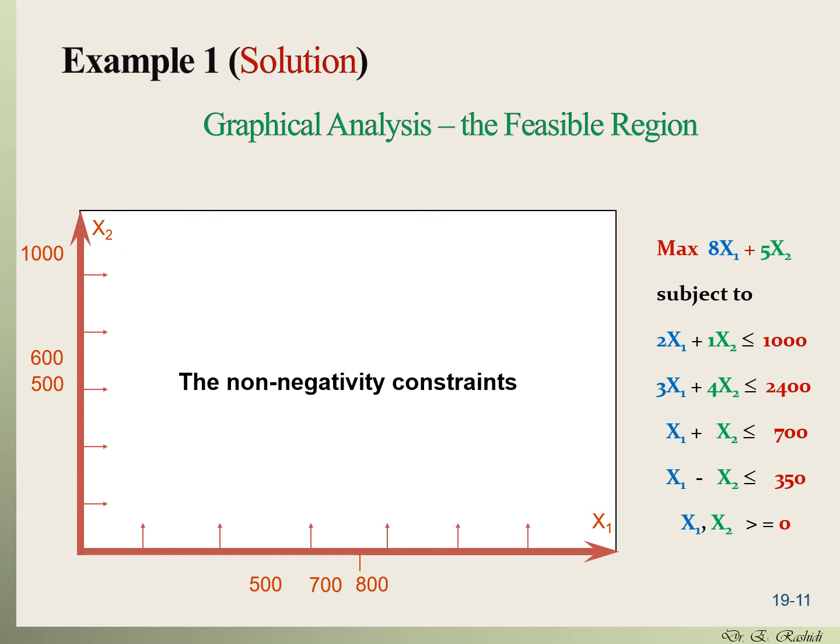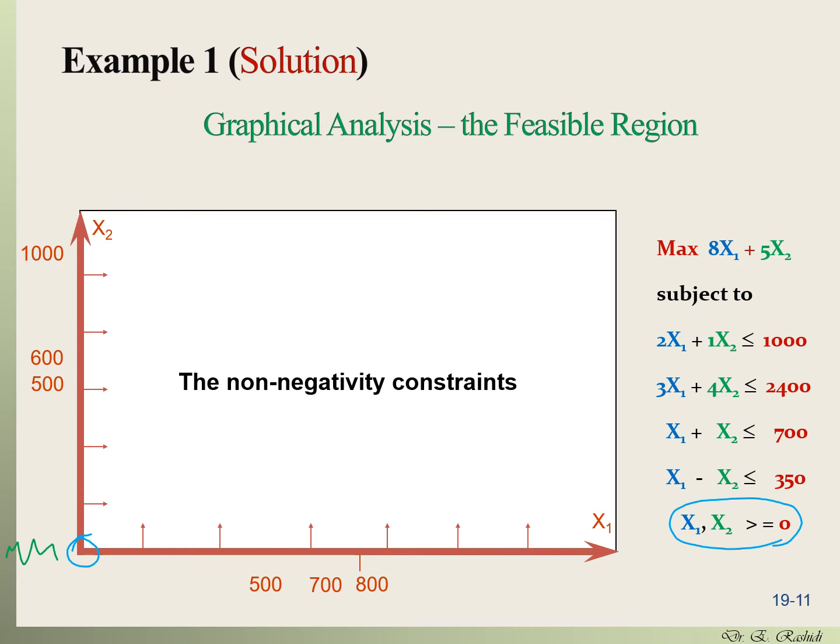First of all, what we need to do is the non-negativity constraint. The non-negativity constraint says that x1 and x2 must be non-negative, greater than or equal to 0. So this is 0 for both of them, x1 and x2. The intersection here is x1 = 0, x2 = 0. On the left side of this, x1 is negative. So we don't consider that. On the other hand, underneath this point, x2 is negative.